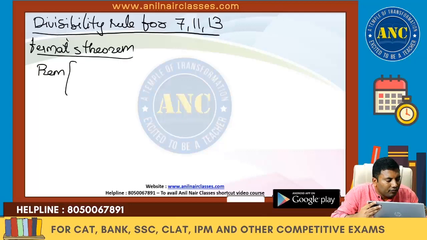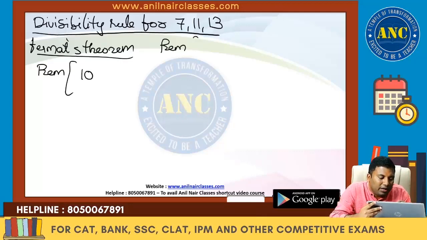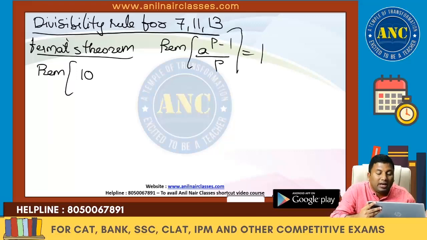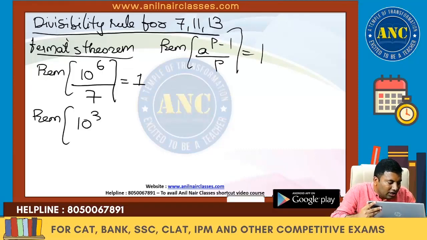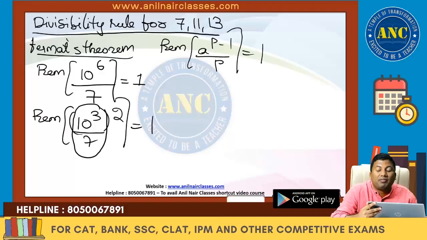remainder, when 10 power p minus 1 is divided by p, it is 1. That means if the denominator is 7, power will be 6. 10 power 6 when divided by 7, it is 1. When 10 power 6 divided by 7 is 1, can I write it as 10 cube whole square when divided by 7, it is 1. 10 cube divided by 7, if I call it as x, x square is 1.